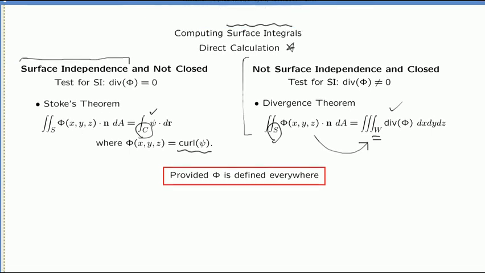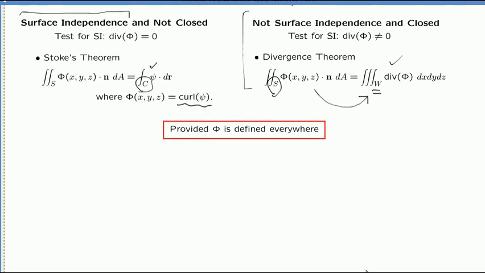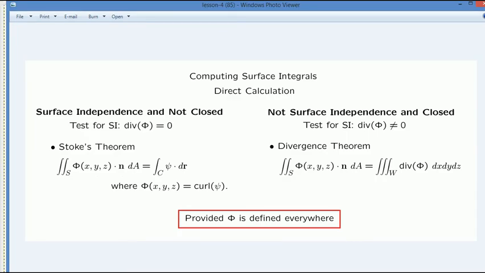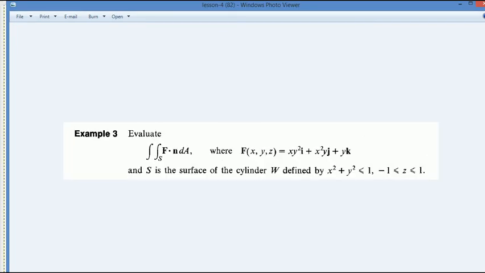So I apologize, we didn't have enough time to actually go into this calculation of divergence and actually feel how it's used and things like that. But I'd suggest you read those examples in the book, like example 3, which is a direct calculation. It's just plugging into the divergence, and divergence is a lot easier to calculate than the curl, and the integral is very simple.